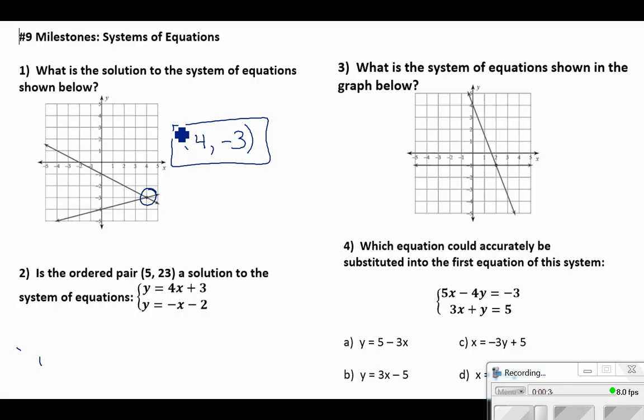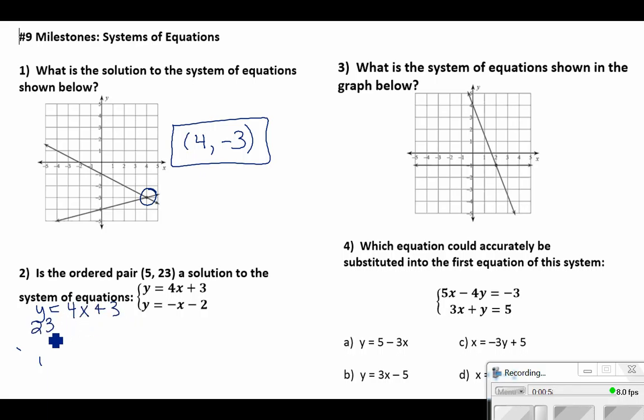Question number 2. Is the ordered pair 5, comma, 23 a solution to the system of equations? To determine this, we have to substitute the ordered pair into both of the equations to see that it works for both of them. So let's start with the first one. Y equals 4x plus 3.